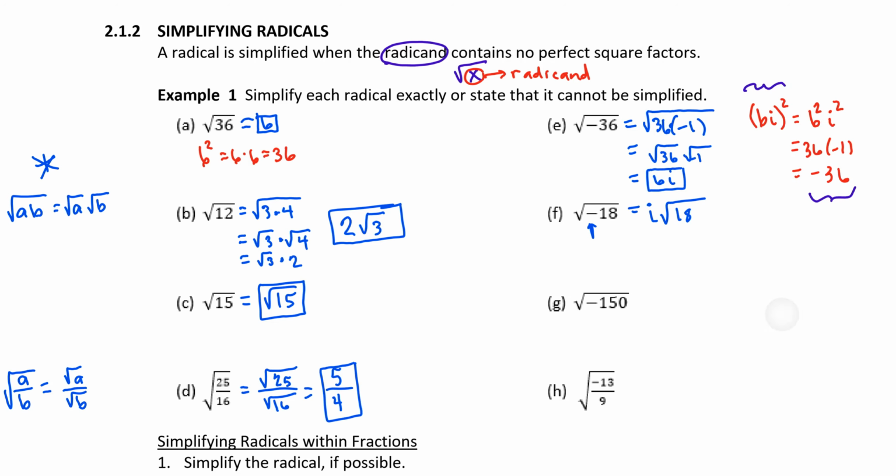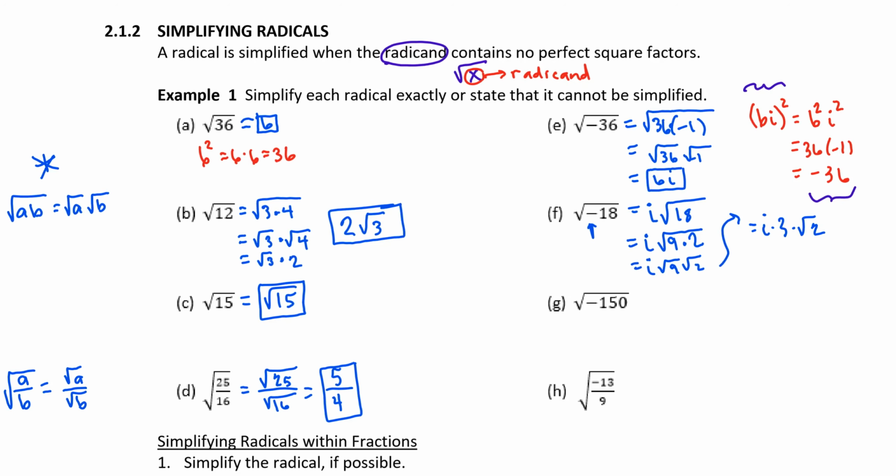Now, 18 does have a factor that's a perfect square. So I'm going to think of the square root of 18 as the square root of 9 times 2. Let me split up my radical here. The square root of 9 is 3, and the square root of 2 cannot be simplified.